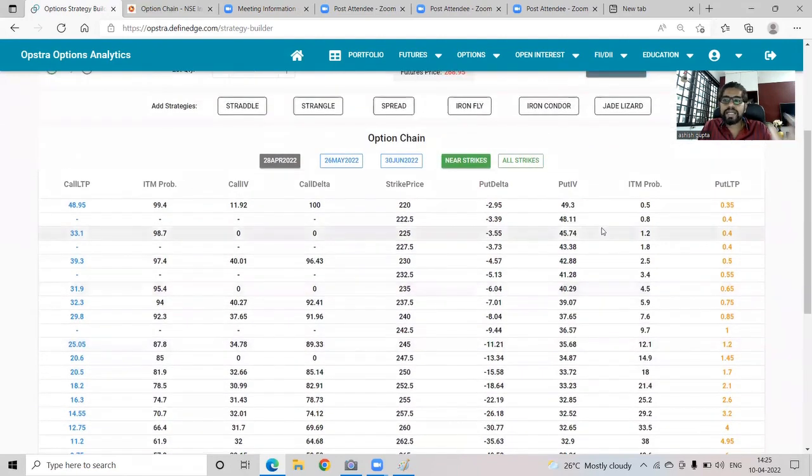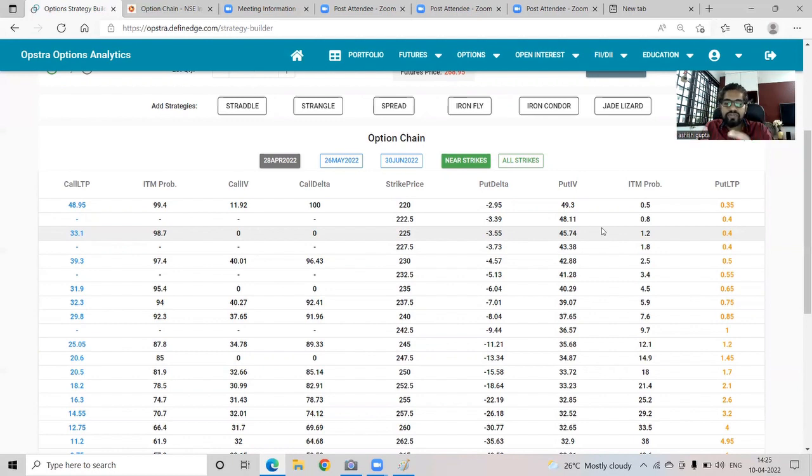Whenever there's a big difference in IV of an OTM option versus the further OTM options, one good trade could be to buy a lower IV option and sell more of the higher IV options and create a ratio spread. It could be 1:2, it could be 1:3.